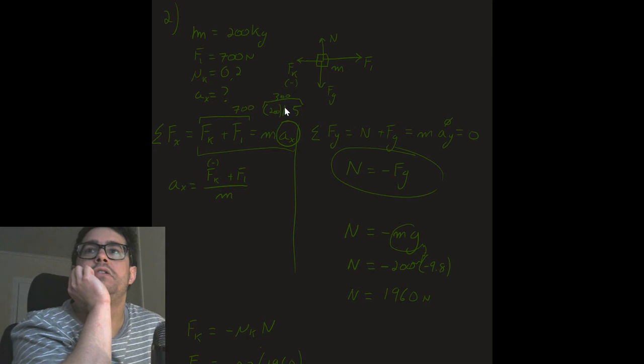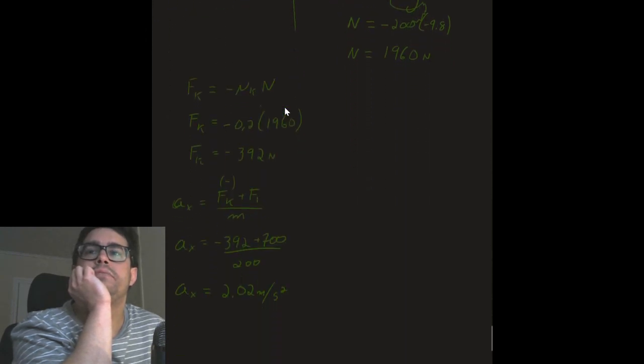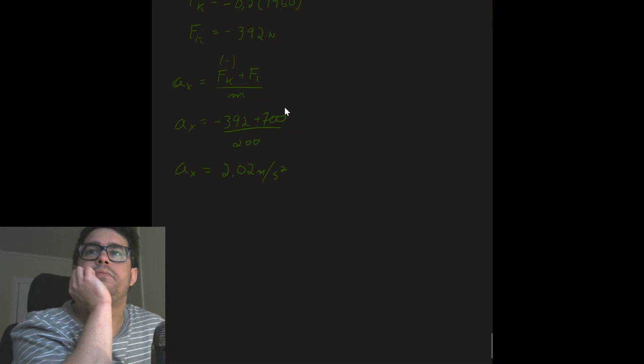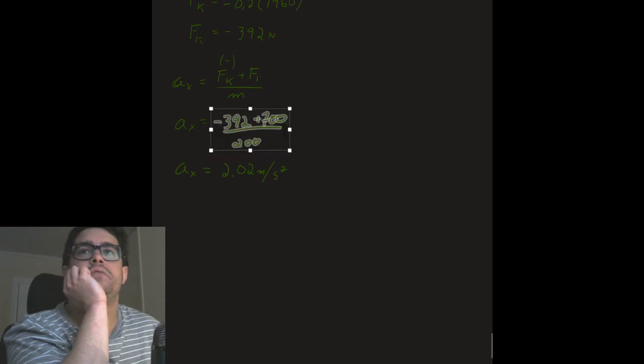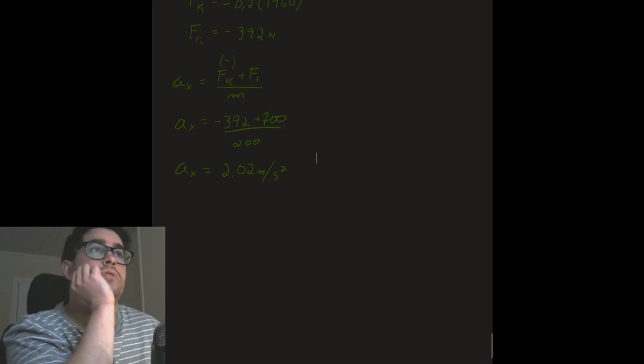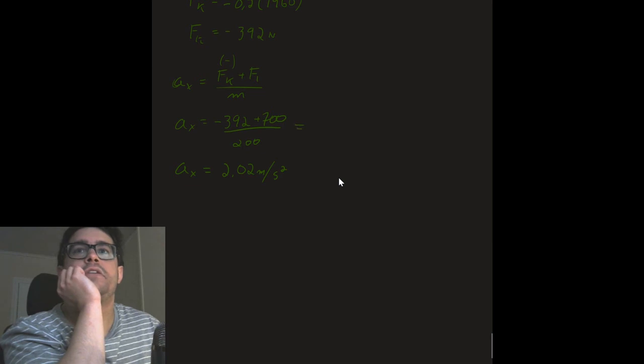So F1 is 700, and Fk should be negative 400. Is that what we have? Yes. Oh, I can't do math. So that's what we have, the same thing. What I did here is 400 divided by 2, and it should have been 300 divided by 2, right? This is not 408 divided by 2, but 308 divided by 2. That's my mistake.